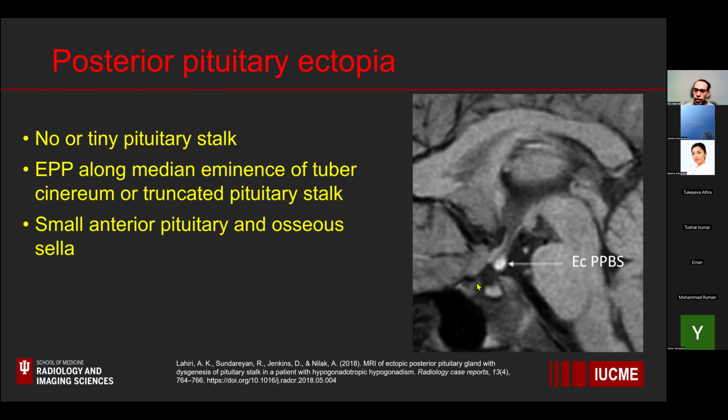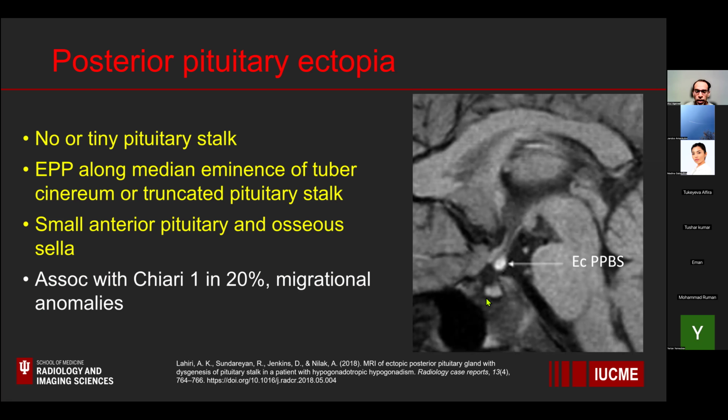You may also notice the bony changes in the sella itself, which may be small. And it's important to keep this in mind because this phenomenon is associated with Chiari-1 malformation in a small portion of the patients because of migrational anomalies. So look for those as well if you see this case.